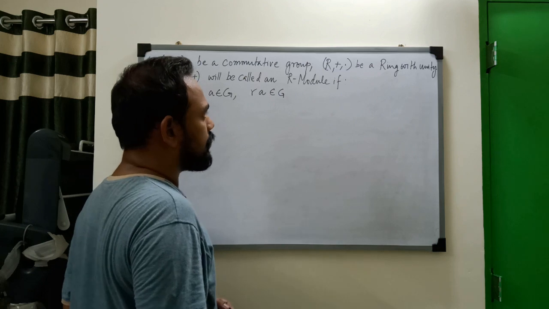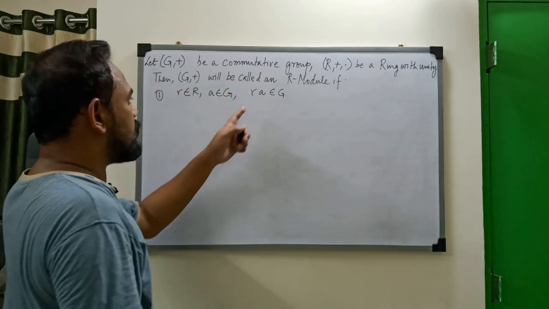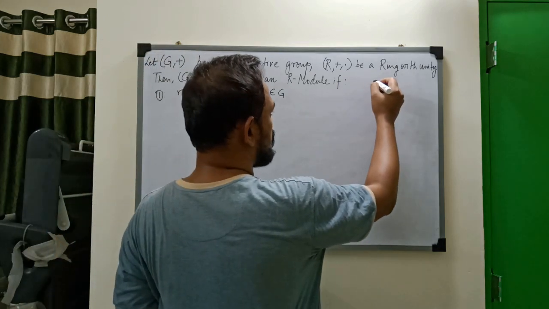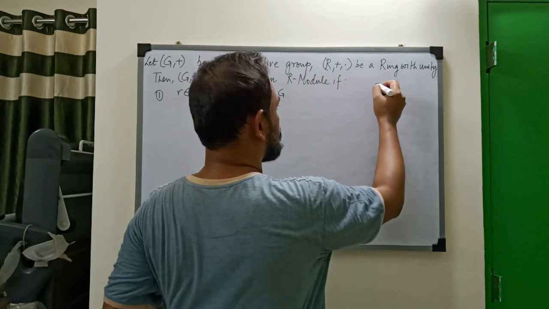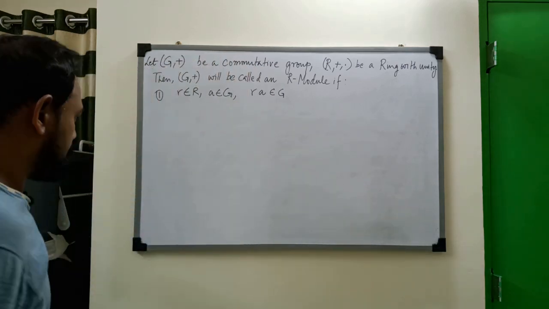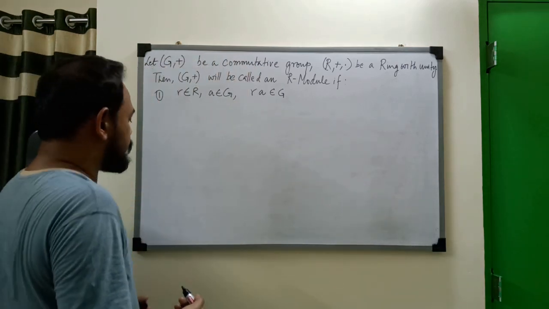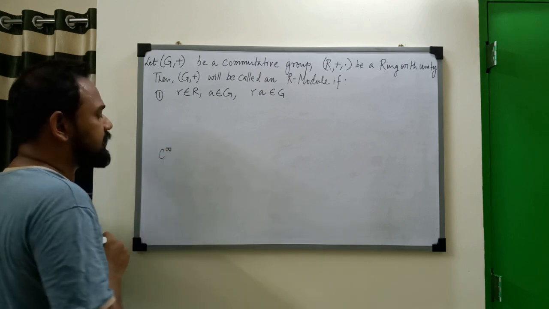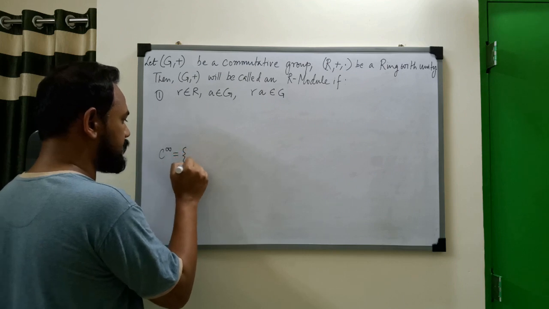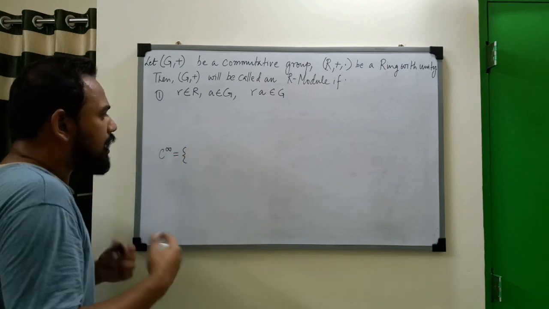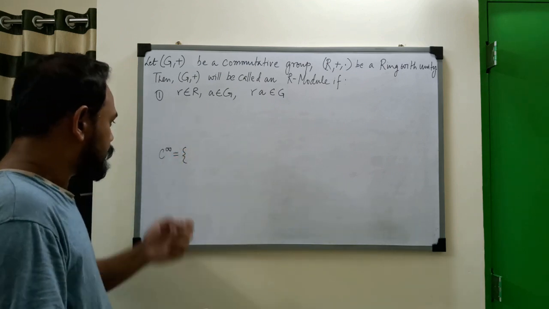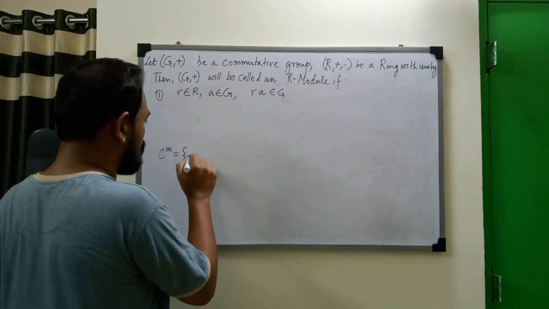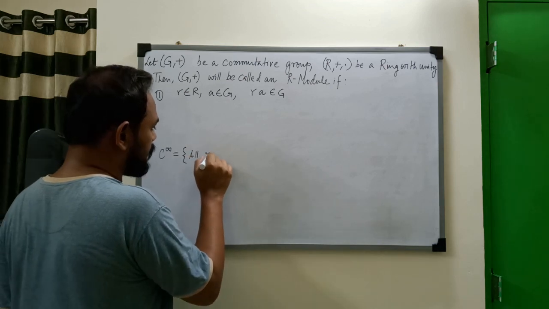What does it mean? I'll just give you an example of an action. It really means that r is acting on A. So let me give you a concrete example, and we will use this example. If I take the set C infinity, what does it mean? C infinity is the set of all real functions which are derivable infinitely many times.